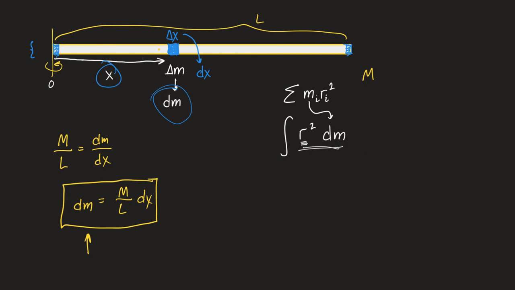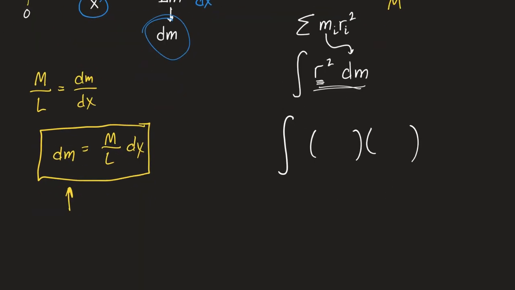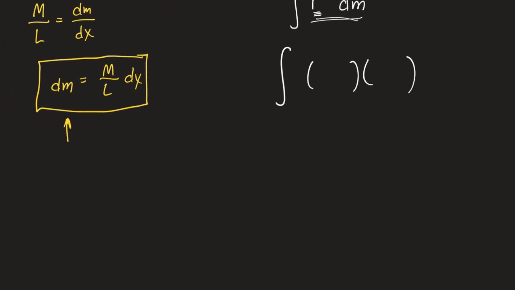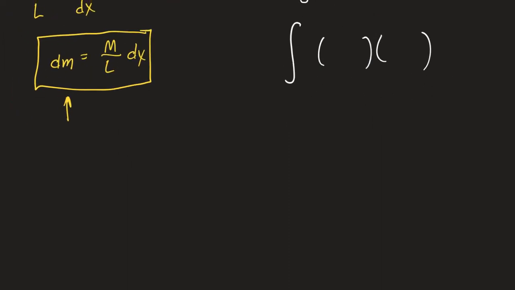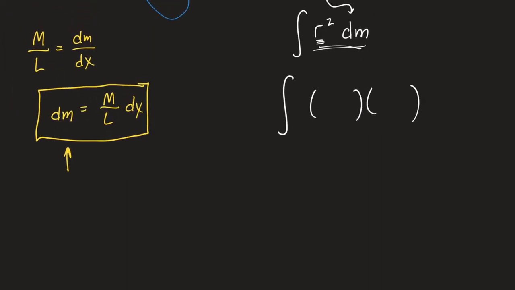Now we're going to assemble the integral. And the integral has three parts. So I'll make this nice and big, but we are going to assemble the integral. We need to put in our dm, the expression we just found for dm.